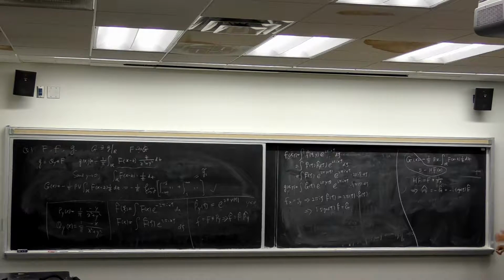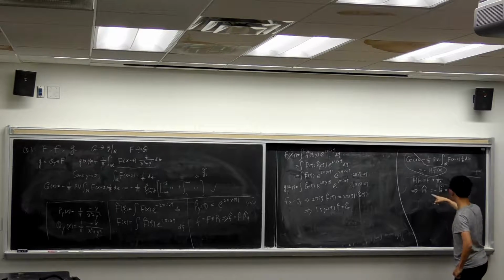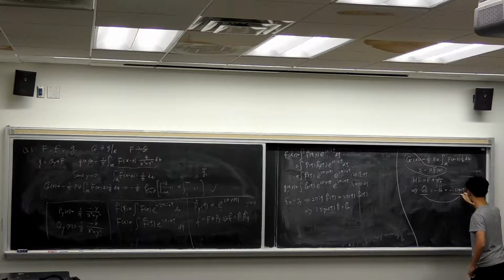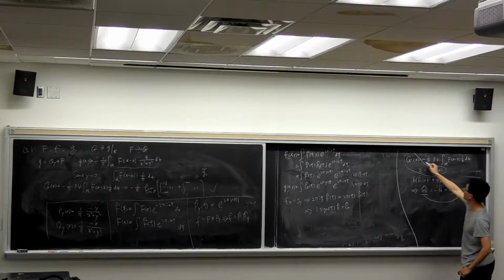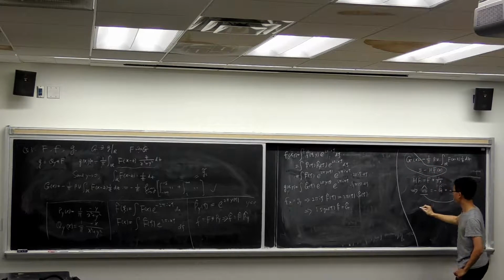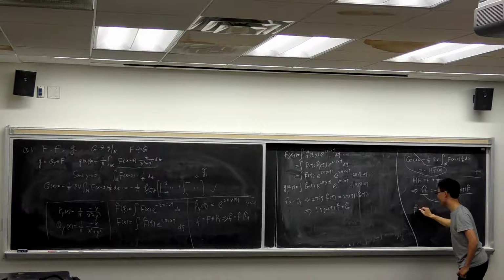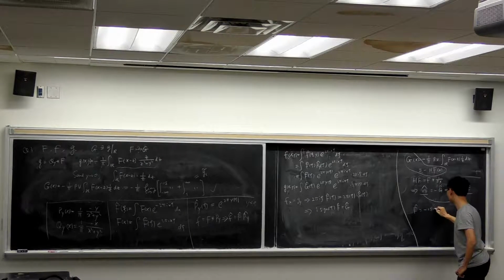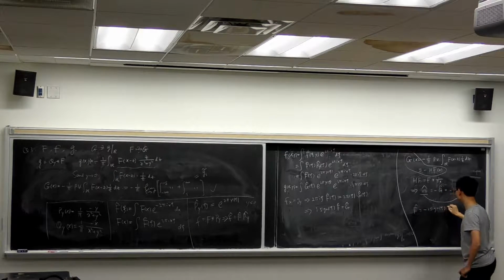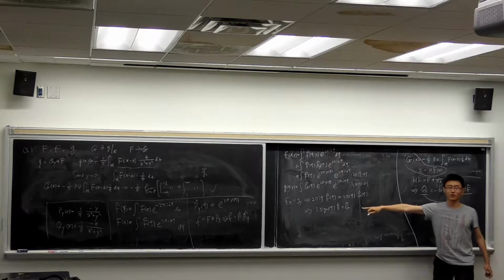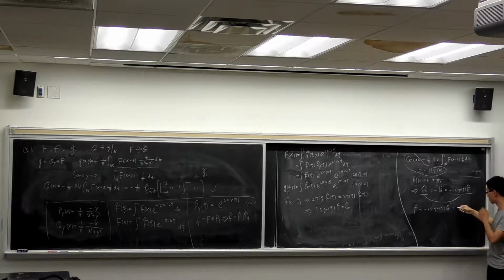What's more, we have this identity and this identity, and also f hat is negative i sine c g hat. This is again from that identity, so this equals the Fourier transform of Hg.